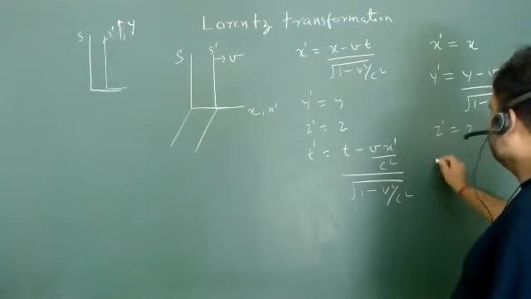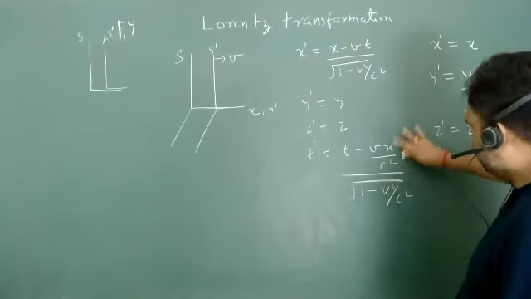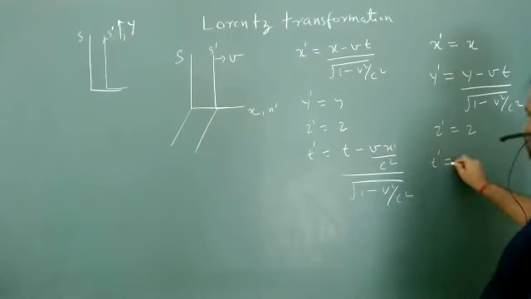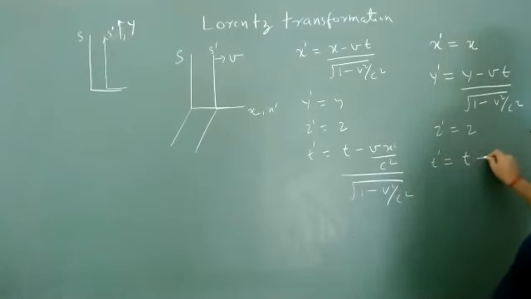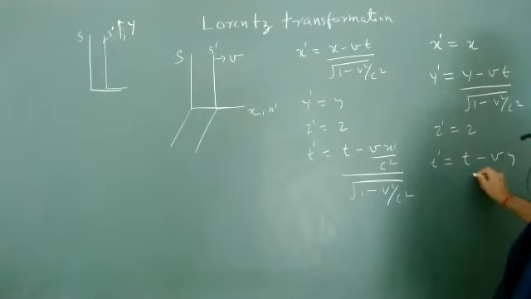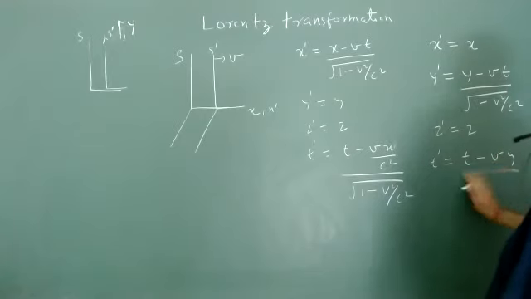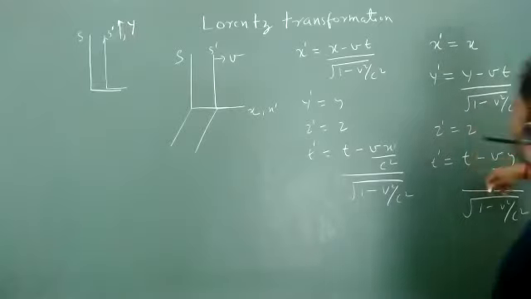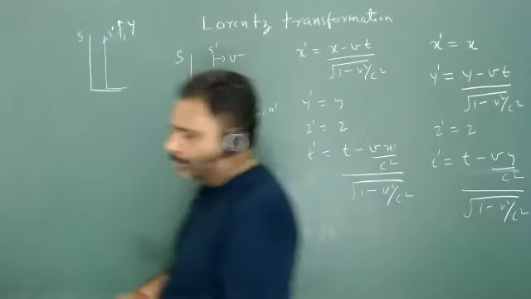Sorry, this is not X dash, this will be X actually. T dash is equal to T minus V Y upon C square, over root under 1 minus V square upon C square. So this is the way we have to change the Lorentz transformation.